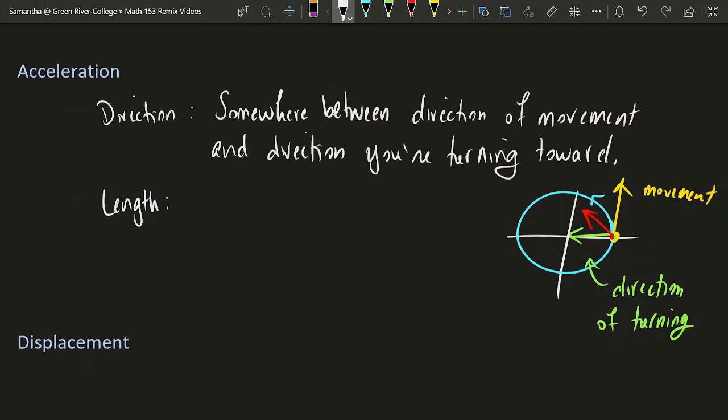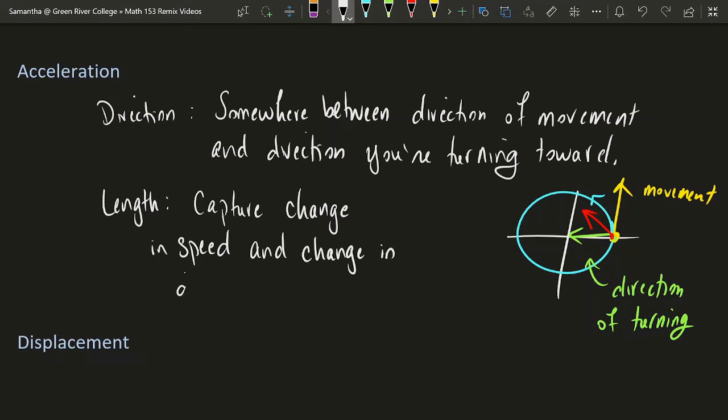The length of the acceleration will in some new sense capture the change in the object's speed, how fast it is either accelerating or decelerating in the forward or backward directions, and it will also capture how quickly this object is turning. Once again, more on that later.